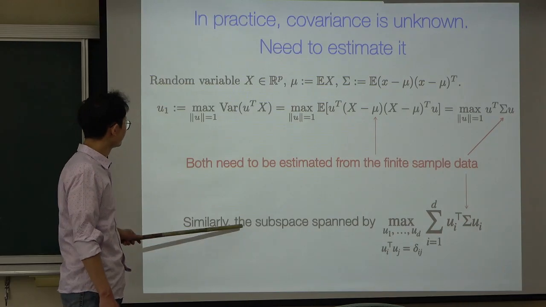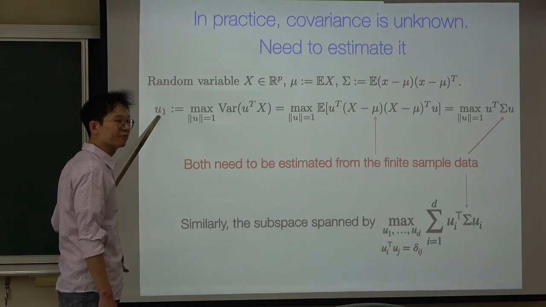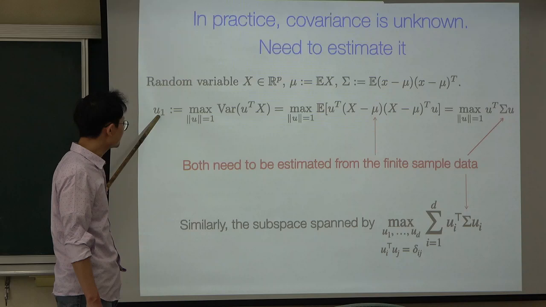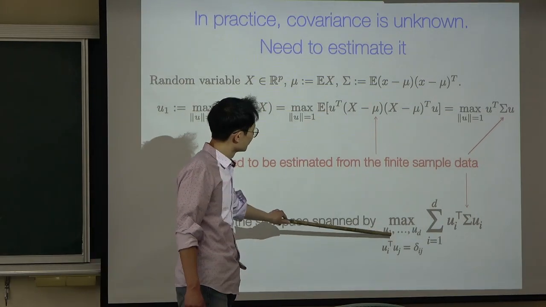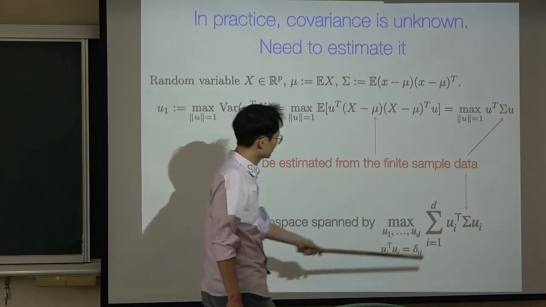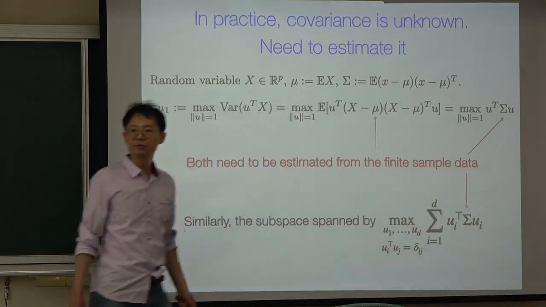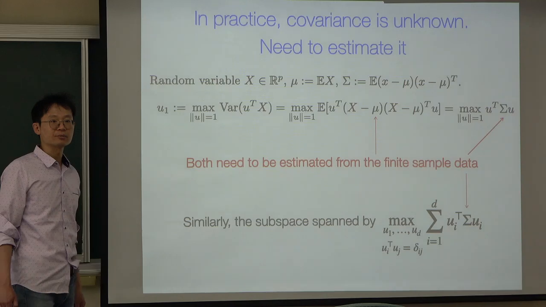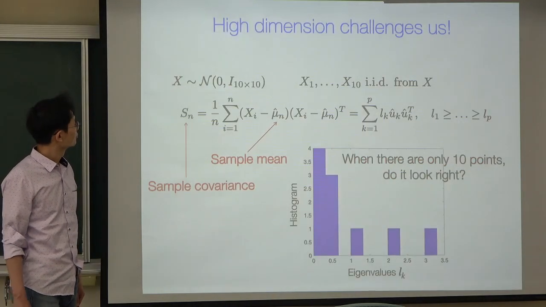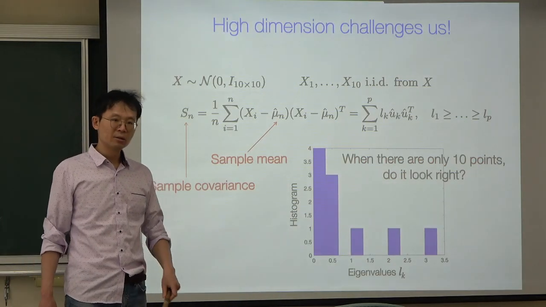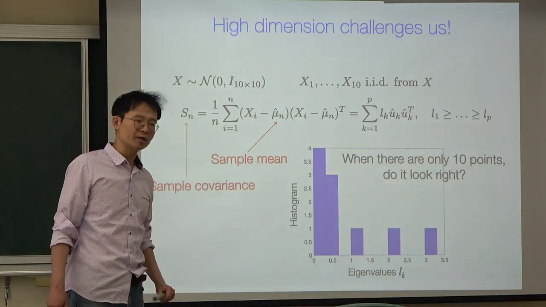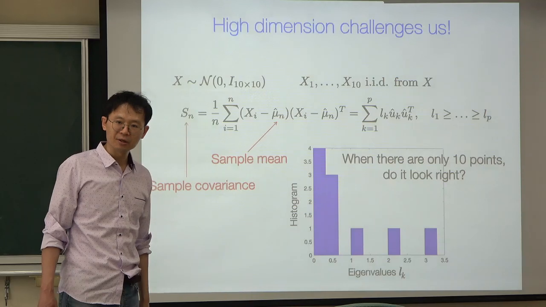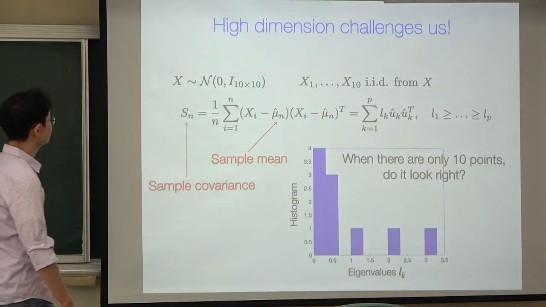Similarly, if you want to find not only the top principal component, but the subspace spanned by the top d eigenvectors, you do not know the covariance matrix. You need to estimate it. But estimating a covariance matrix is in general a challenging mission, in particular in a high-dimensional setup.